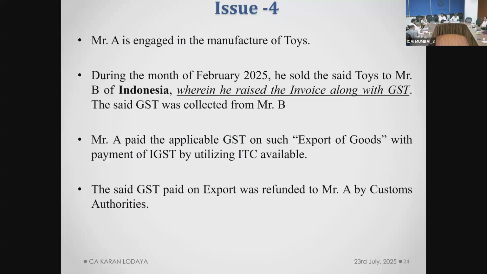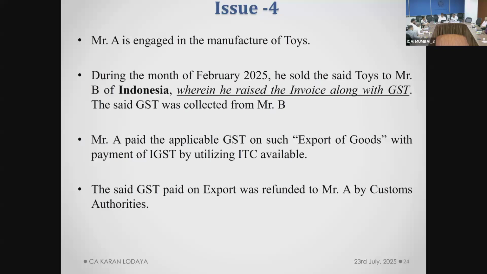Coming to the fourth question. A is a manufacturer of toys. In the month of February 25, they sold the toys to Mr. B of Indonesia, where they charged and collected tax. Though they made an export, they charged and collected tax, so they raised an invoice along with GST.